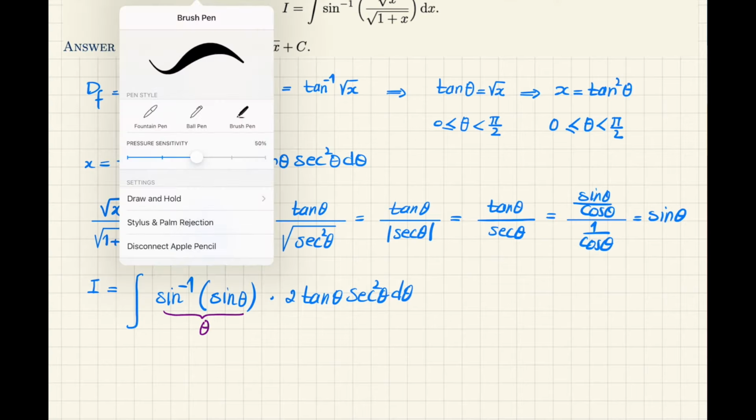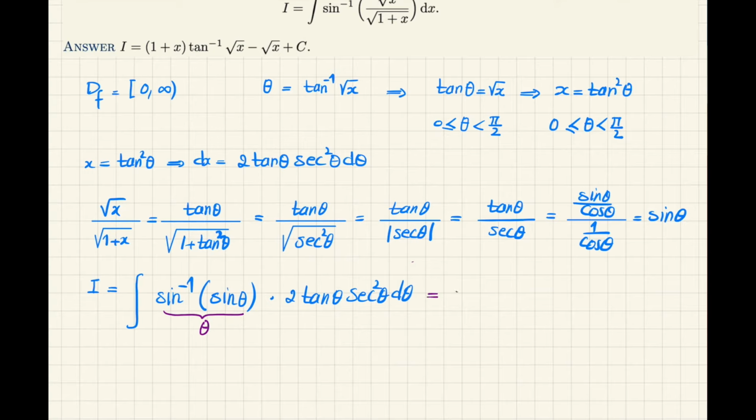And then I bring this 2 out, so it becomes 2 integral of theta times tangent of theta times secant squared theta d theta.